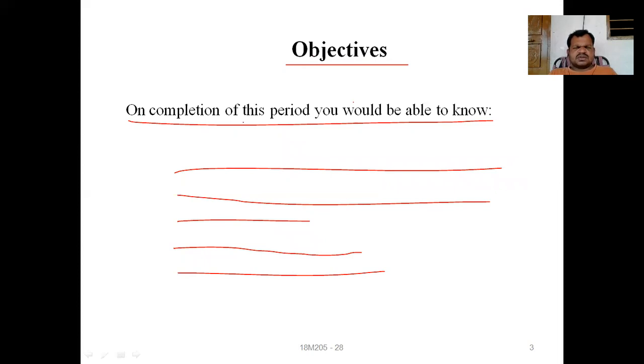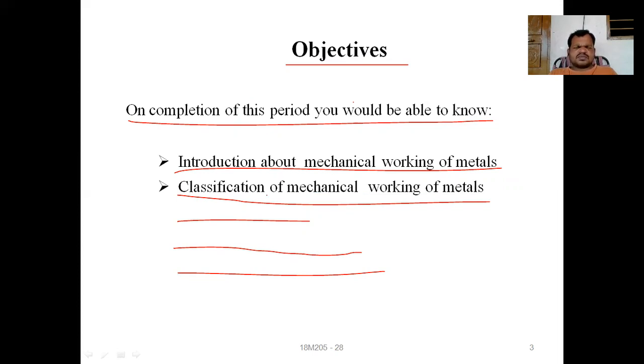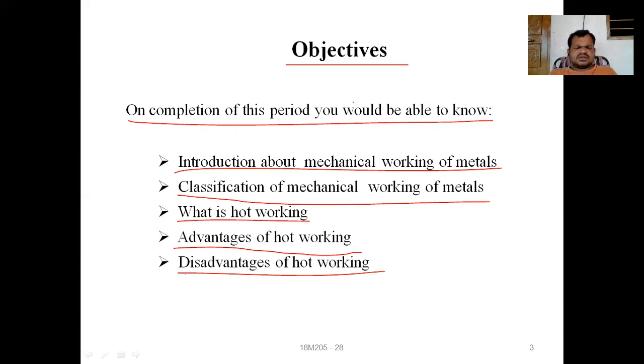On completion of this period we will be able to know the introduction about mechanical properties of metals, the classification of mechanical working of metals, and what is hot working, and advantages of hot working, and disadvantages of hot working. So the main objective of this class is the introduction about mechanical working of metals, next classification, and what is hot working, and advantages and disadvantages of hot working.